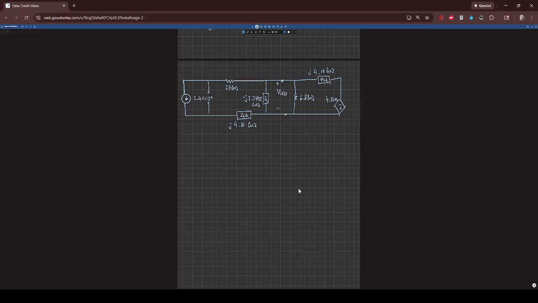So right here, and then the other one, I'll make it green to indicate my ground. So that's my ground. And I'll name the variable VAB. So let's start doing the nodal voltage, starting with the dependent source over there.